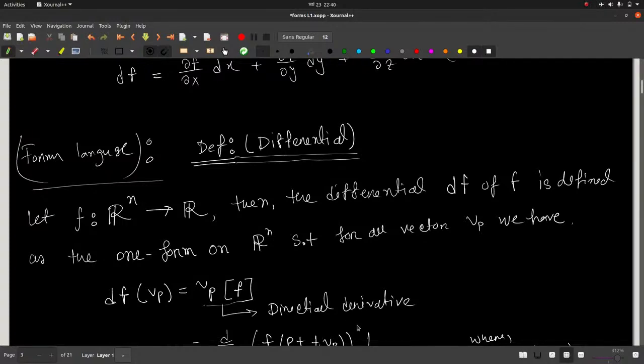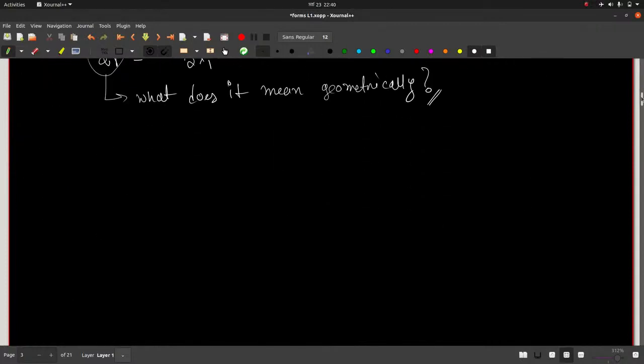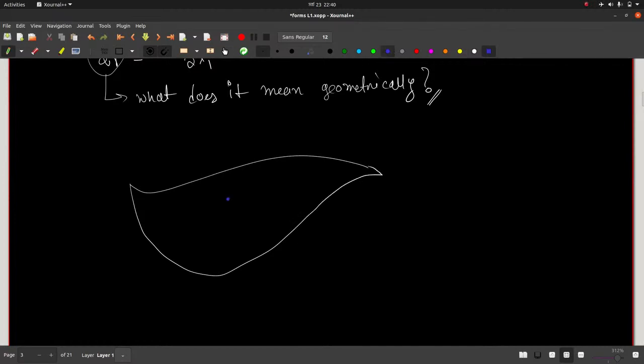So from there we can conclude that on a manifold, let's say this is my manifold, I have some point and I want to see how this function changes, because in calculus we say how this function changes on multiple axes.